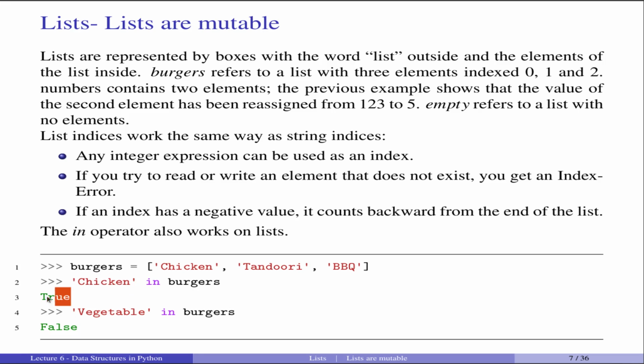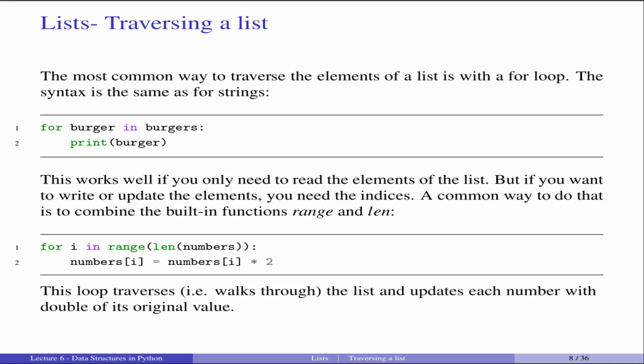But if I give the command vegetable in burgers, in that case it will return false, because there is no vegetable in the burgers list.